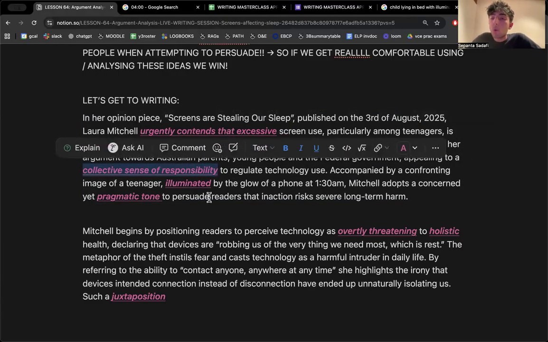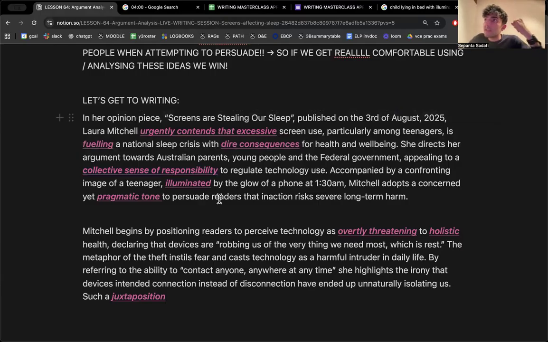These little pink moments, this is what gets you over the line, okay? This is the type of writing that really pushes you over the line, okay? Do we just do a body paragraph for the writing or do we also do an intro? I want you to just do a body paragraph, okay?